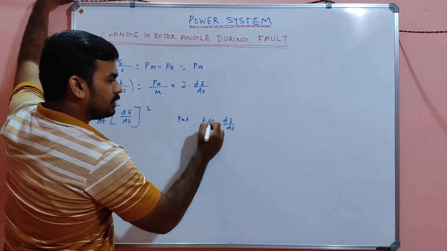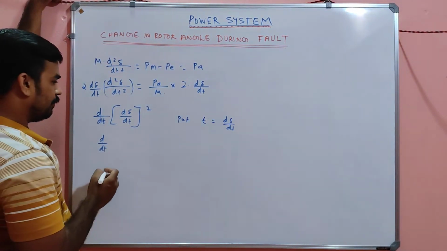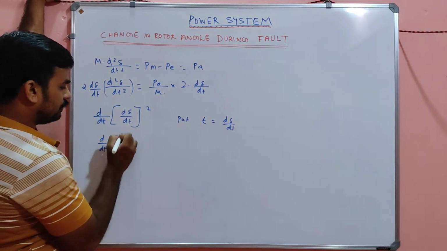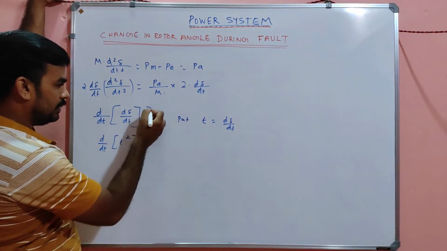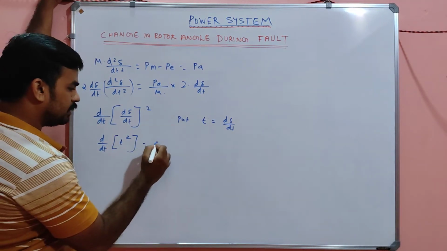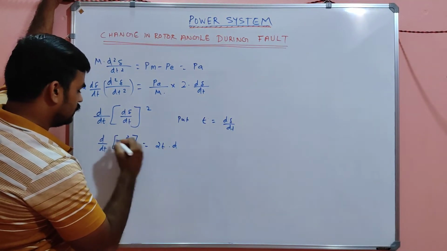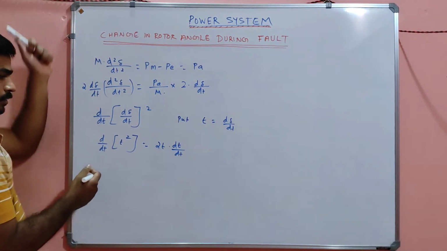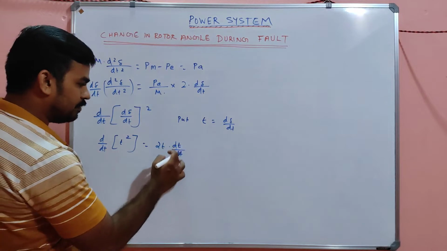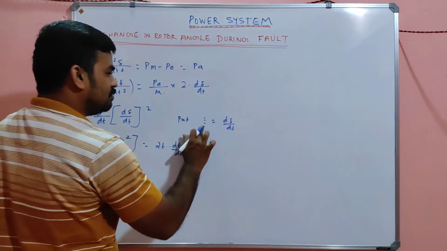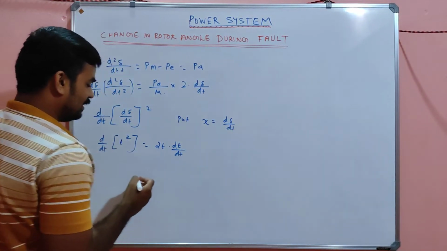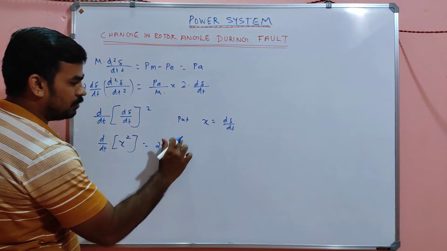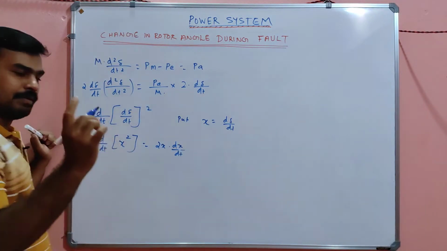So d by dt of x square. What is it? 2x into dx by dt. If it is a function of t, then dt by dt happens. Simply take it as a function of x. So x square gives 2x into dx by dt. Am I right, my dear?